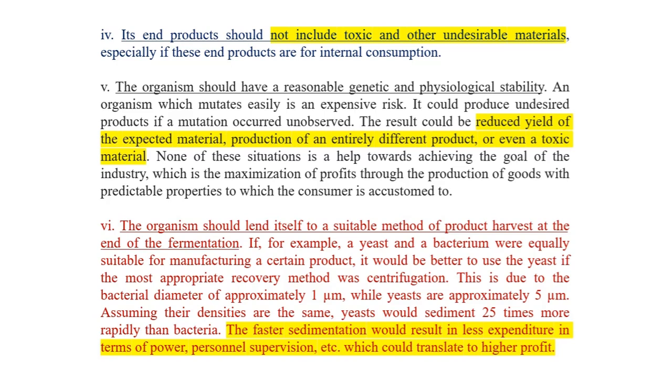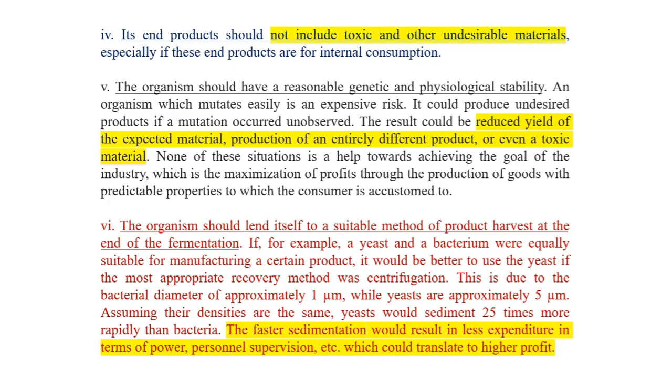And the sixth point is the organism should lend itself to a suitable method of product harvest at the end of the fermentation. For example, if a yeast and a bacterium were equally suitable for manufacturing a certain product, it would be better to use a yeast if the most appropriate recovery method was centrifugation, because the yeast can be easily separated by centrifugation.